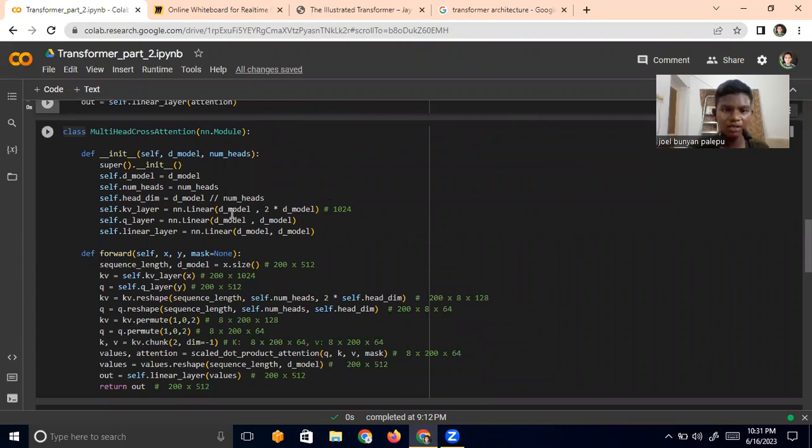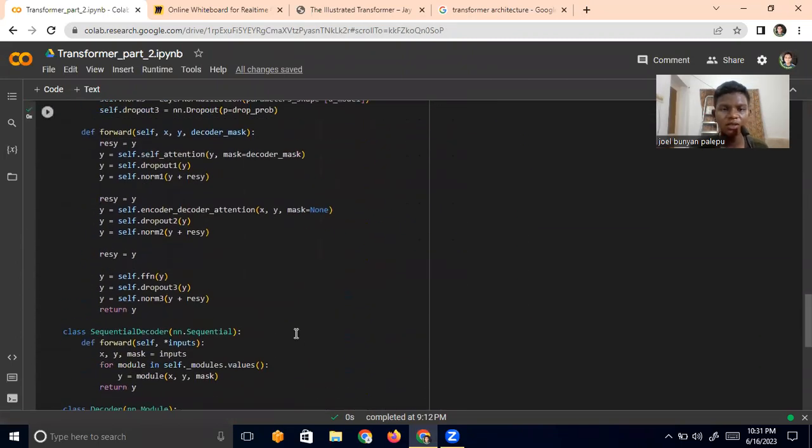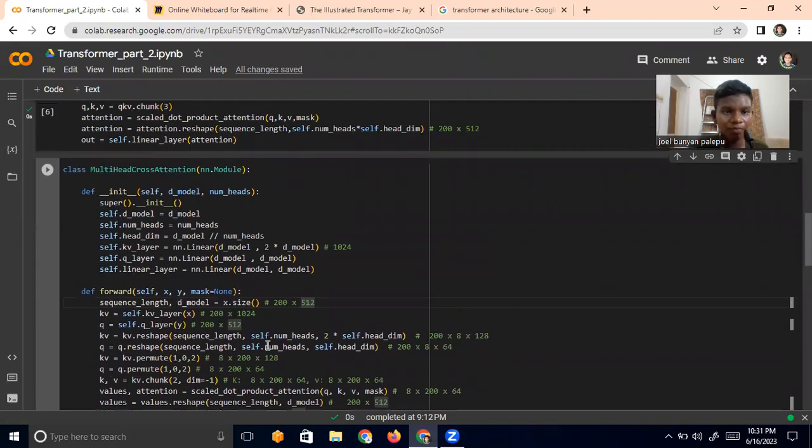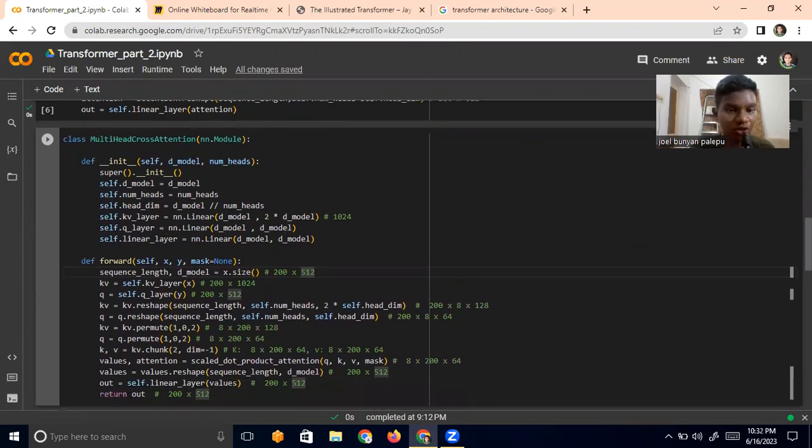Just look at this again, the same old dimensions. But we are going to calculate K and V separately. We're going to have separate layers for KV and Q, because of the reason that I just showed you.